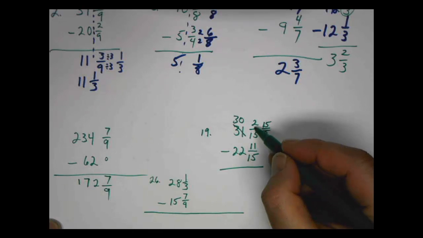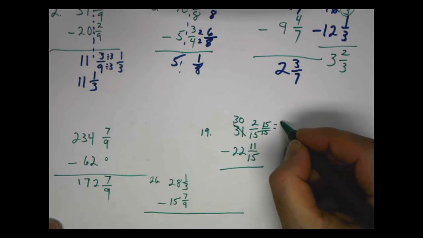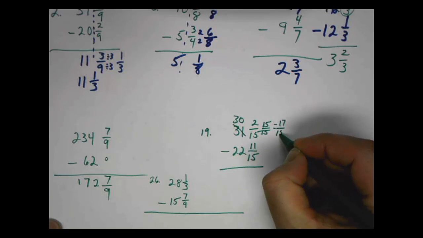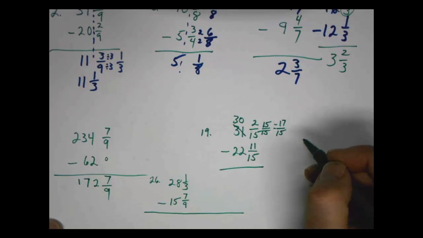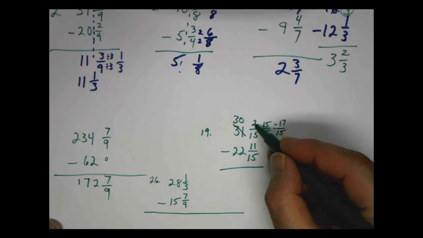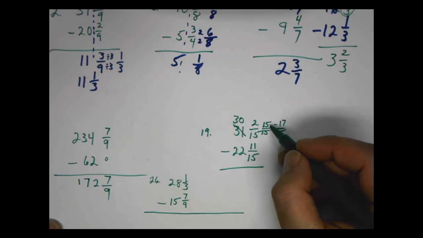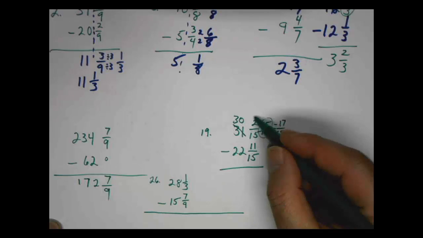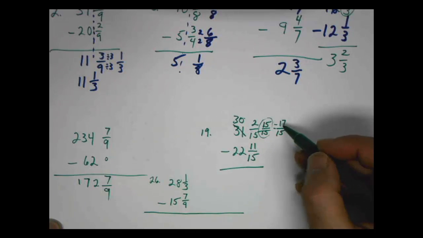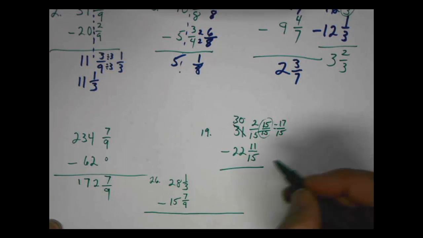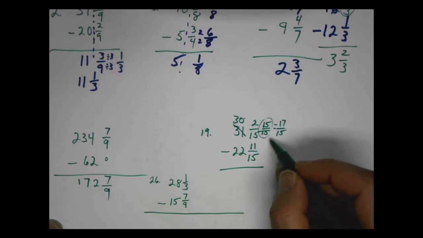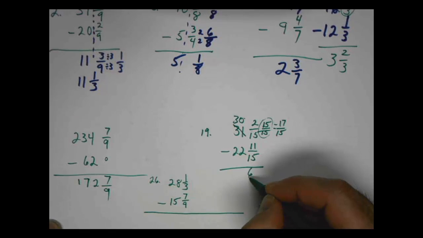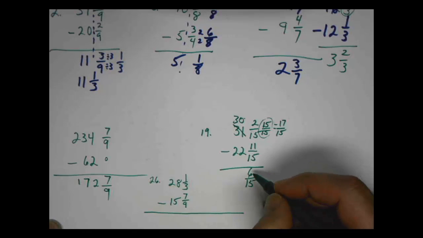I already had 2, so then that will give me 17/15. In essence, I'm simply adding the bottom to the top to get my 17, because here's my 1 that I borrowed from here. I had 2, it gives me my 17. I can now take 11 from the 17, gives me 6/15.